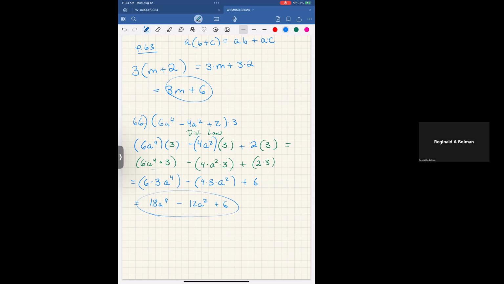All right. I need to see students understanding how to do each and every step on your paper. We had 3 steps here, I guess 4 if you include just simplifying. The first step was the distribution law. The second step is we use the associative law. The only reason we could move around these parentheses was because of the associative law.